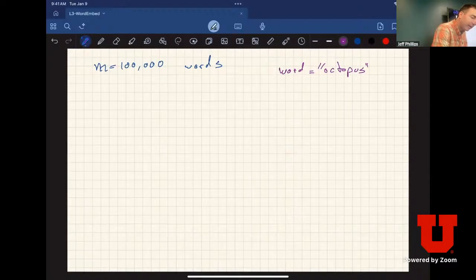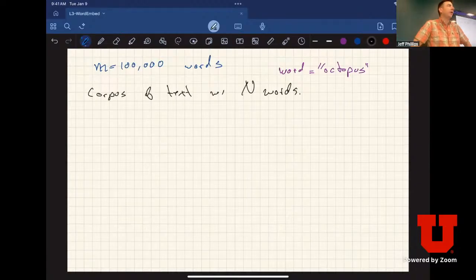So you have to look at all the places, and we're going to have some corpus of text with n words in it. A small example of a corpus of text that's commonly used is all of the English language of Wikipedia. This was the smallest data set that people got this to run on. That sounds pretty big if you haven't dealt with it before, but that's a small data set.